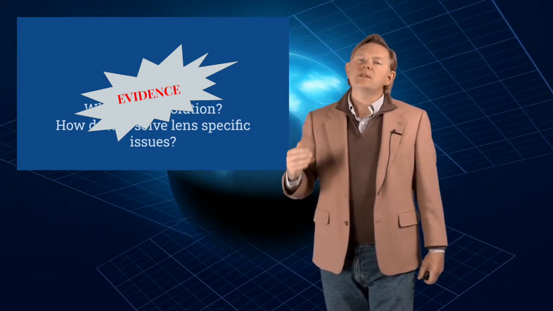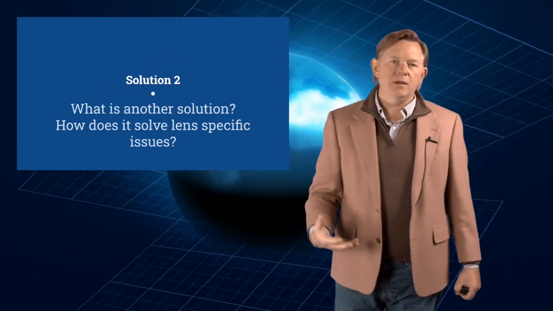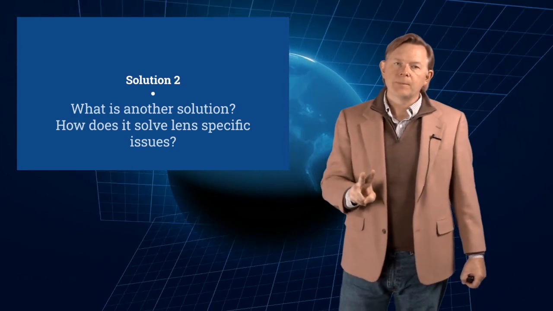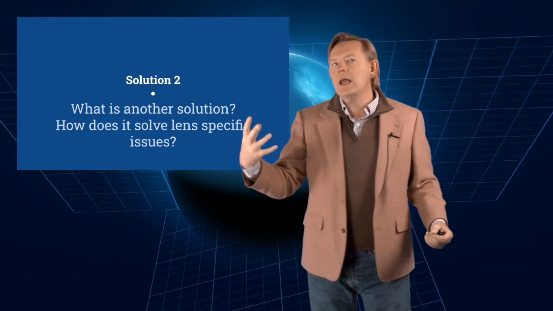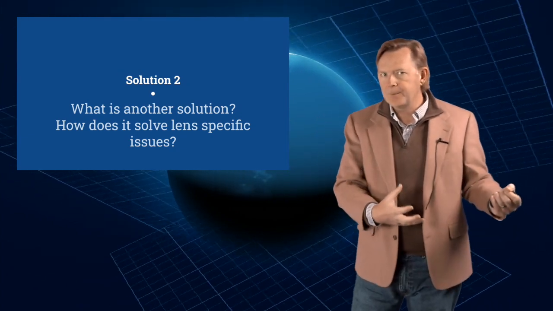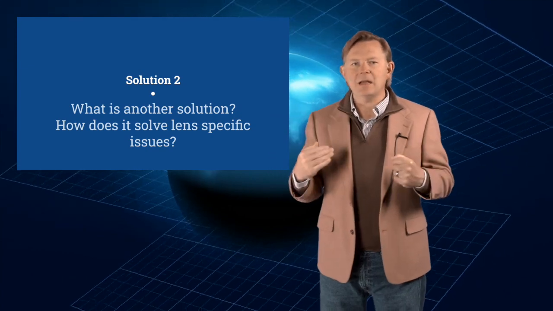Now, after you've done that with solution one, you do the same thing with a second solution. There must be plural, at least two solutions. And it's the same process. What elements of the problem does this solution succeed in addressing? And what issues within the problem does this solution not address?